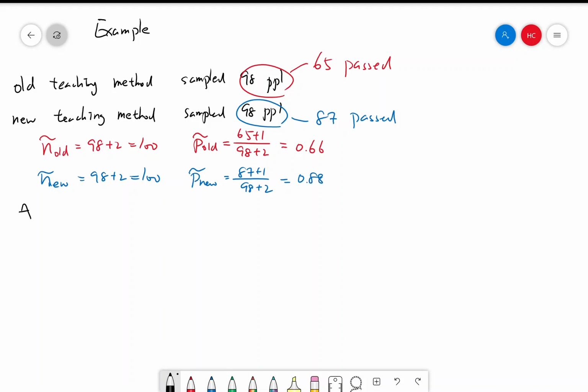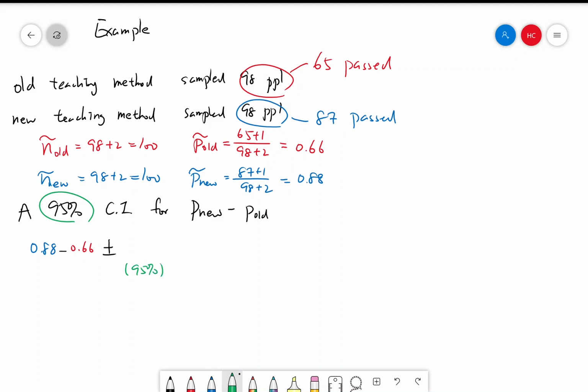So now we can construct our 95% confidence interval for the difference of success rate, P new minus P old. Before the plus minus, we will have 0.88, which is P new tilde, minus 0.66, which is P old tilde. And because we're talking about a 95% confidence interval, the coefficient is going to be 1.96, as always.